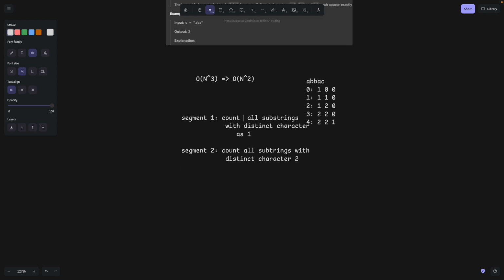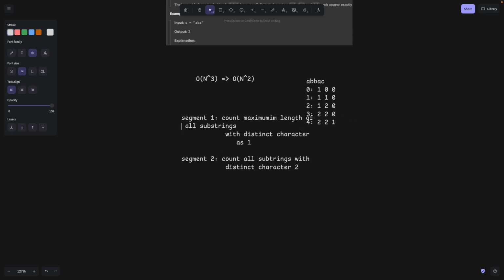Count the maximum length of the substring. So this again will be the maximum length of all substrings with distinct characters 2.